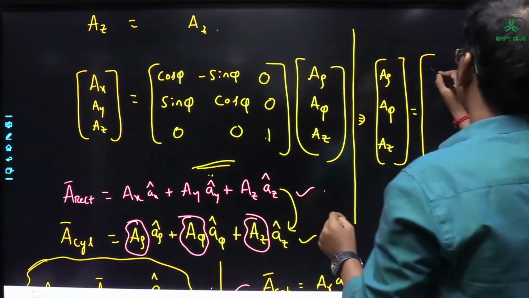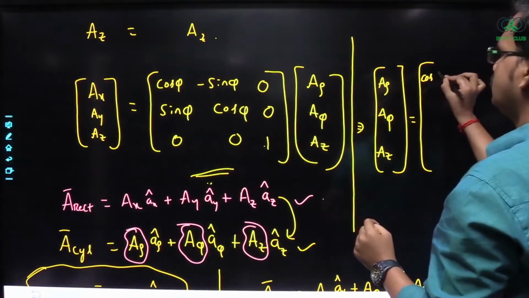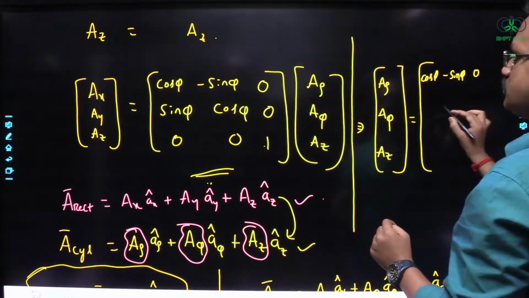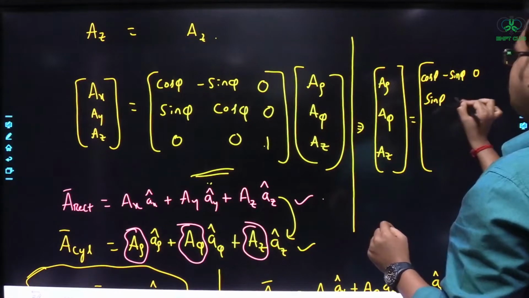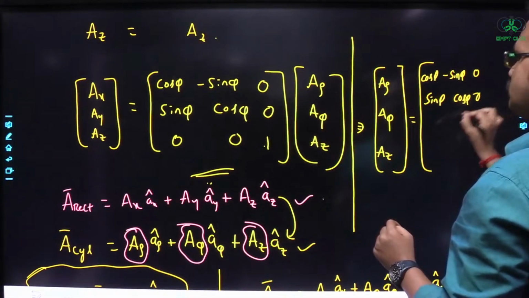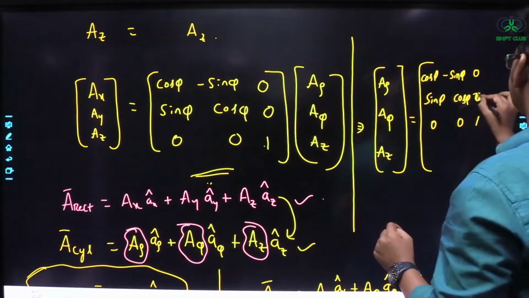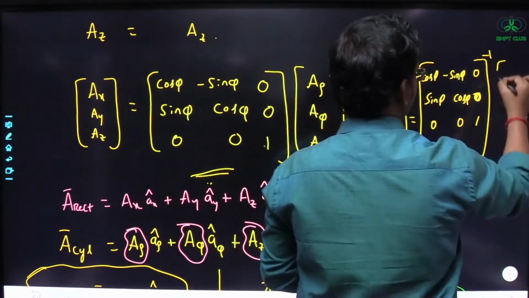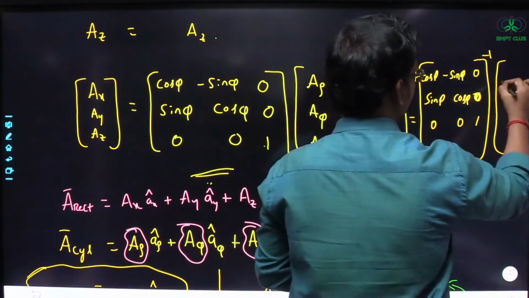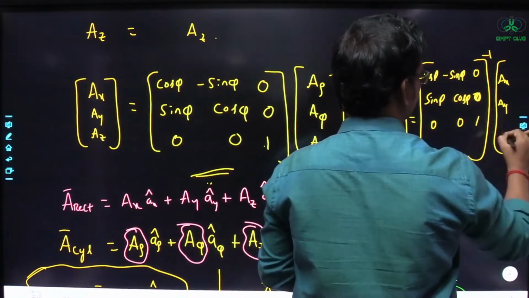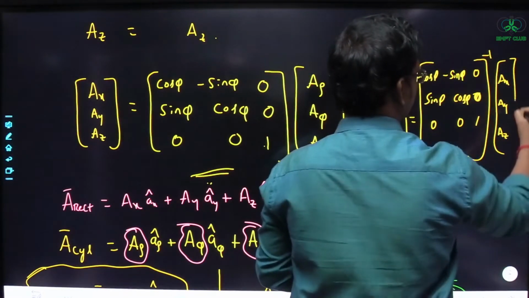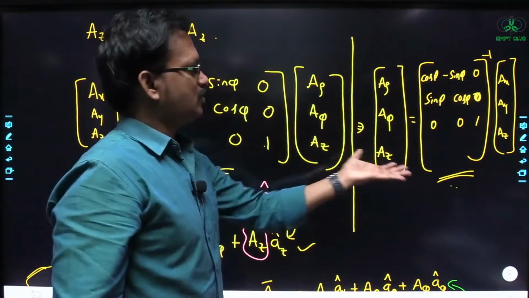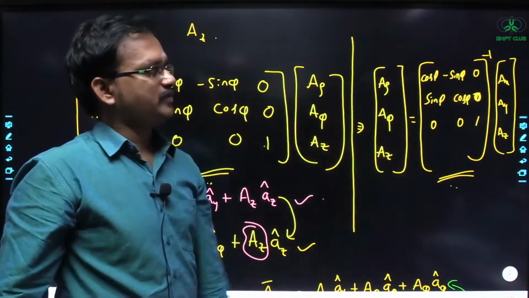So you are going to have cos phi, minus sin phi, 0, sin phi, cos phi, 0, 0, 0, 1, the whole inverse, into AX, AY, AZ. So you have to determine the inverse of this matrix, and you can write it in matrix form in this manner.